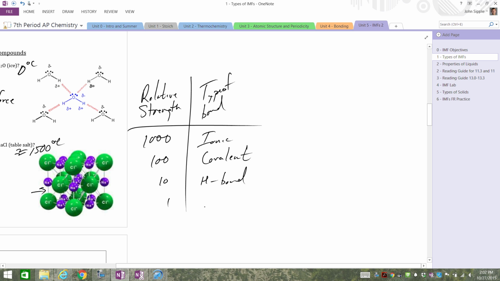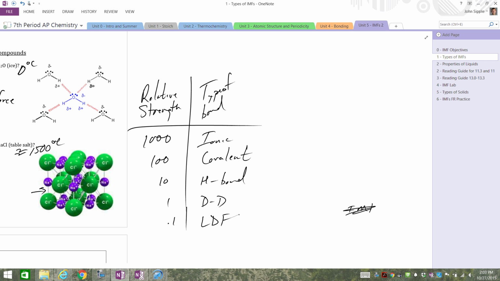These are very general. Dipole, and molecular, and LDF, London dispersion force. It's very general. The scale is not all that great.